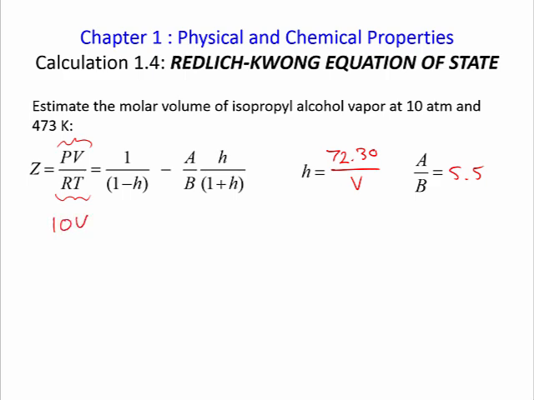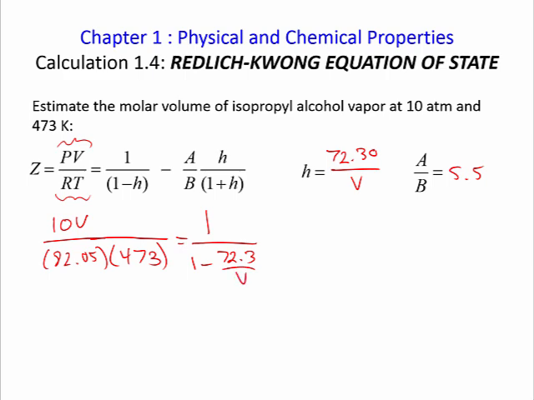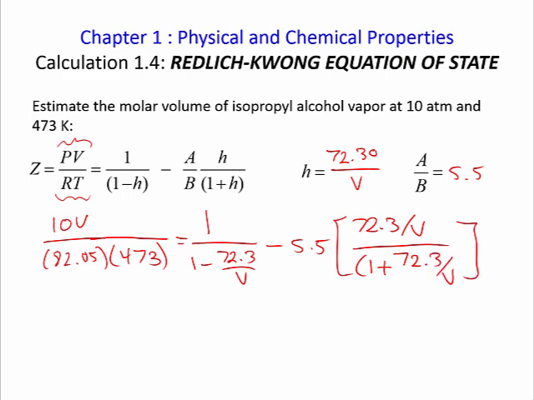So pressure 10 times V divided by RT, which is 82.05 times temperature of 473, equals 1 minus H, which is 72.3 divided by V, minus A over B, which is 5.5, times H, which is 72.3 divided by V, divided by 1 plus H, 1 plus 72.3 divided by V. In this equation we can solve for V, and we will get 4,300 centimeter cube per gram mole for the value of molar volume using the alternative form of the Redlich-Kwong equation.